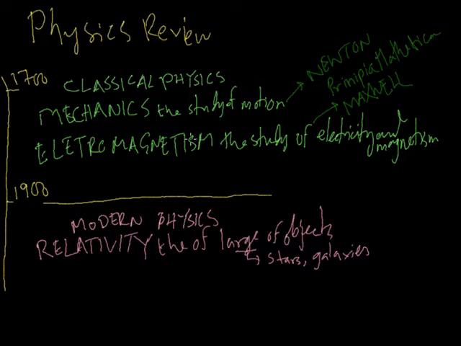Classical mechanics and classical electromagnetism do not work here. It doesn't mean they don't work here at all. It just means you have to use new rules for that. So that's relativity, the study of large objects. Now the other branch of modern physics is called quantum mechanics.